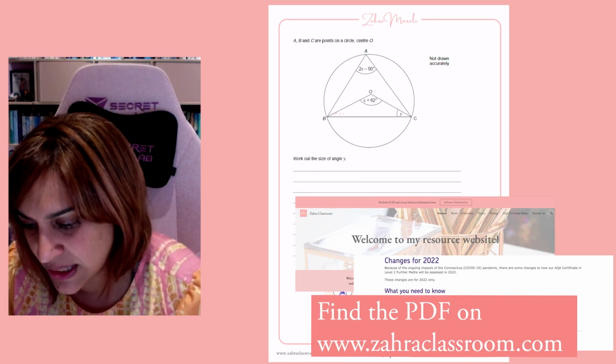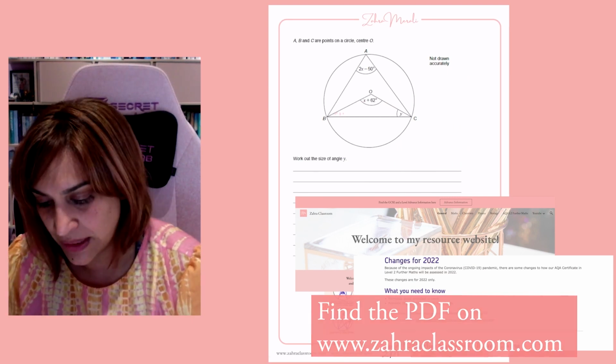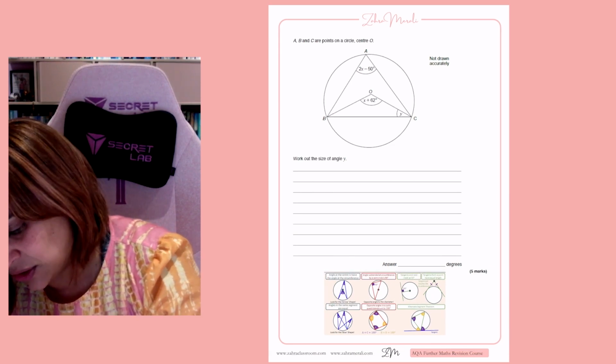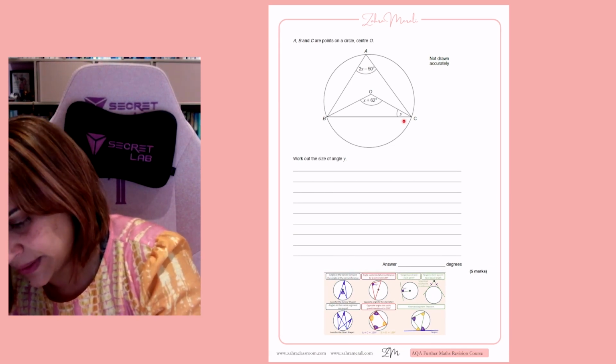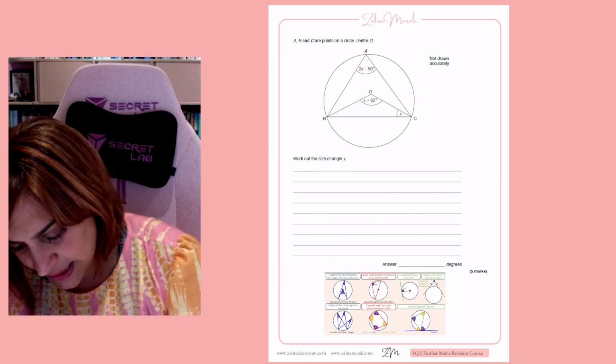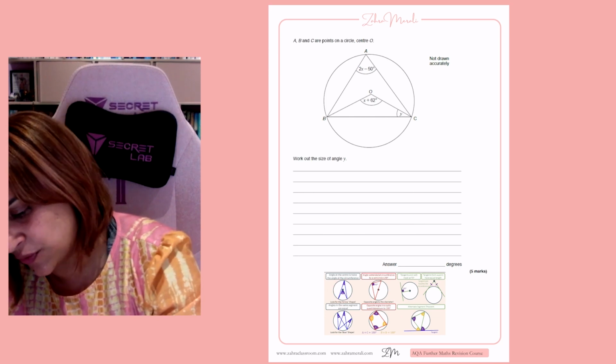We've got A, B, and C are points on a circle. We want to work out the size of this angle over here, y. Hopefully you'll notice this shape looks a little bit like an arrow.